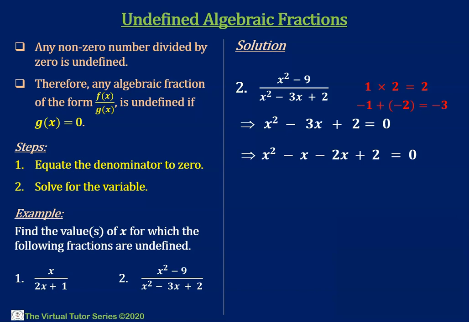Let's now put the first two and last two terms on the left hand side of the equation in brackets and factorize each group separately. The common factor of x squared and -x is x. So the first group factorizes into x into bracket x minus 1, bracket closed.